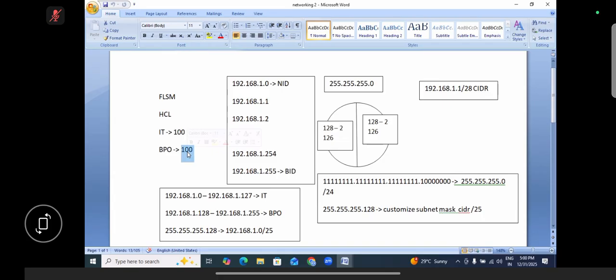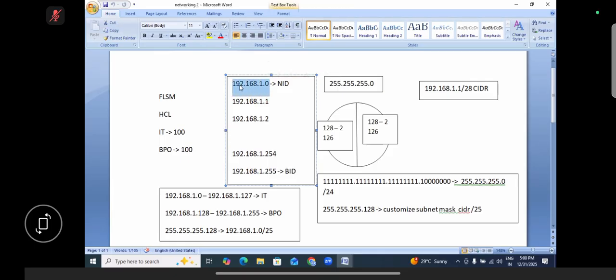That too, a secure network. Which class of IP address is preferable? Class C. As we discussed, class C is preferable because we'll have more networks and fewer hosts in each network. Maximum 254 hosts we can connect in each network. Right, guys? This is a class C network.